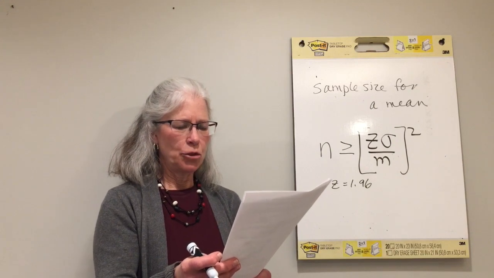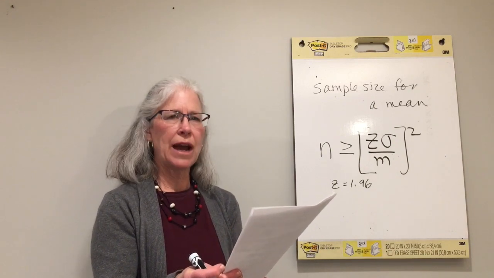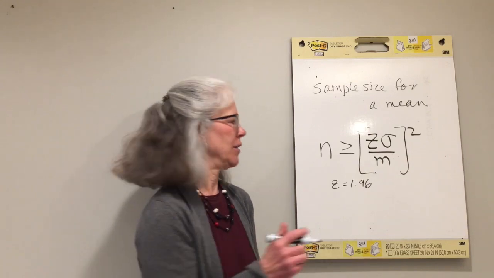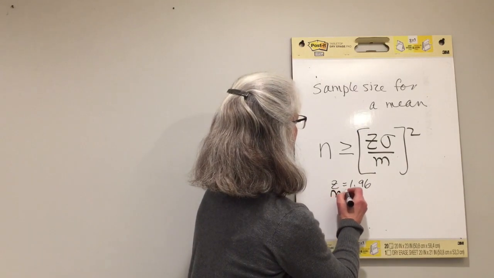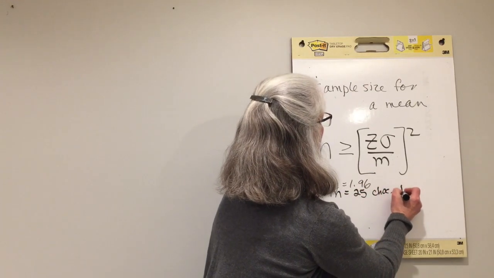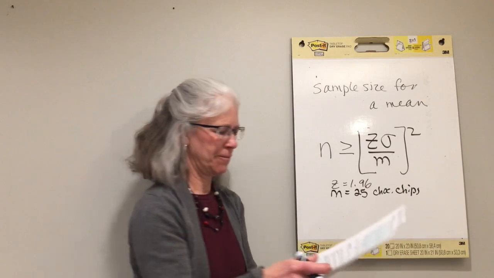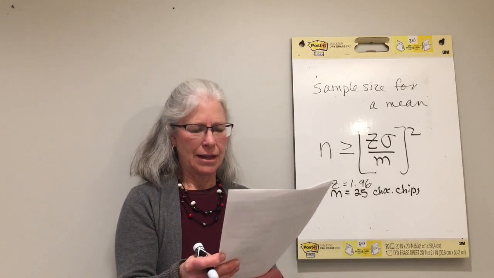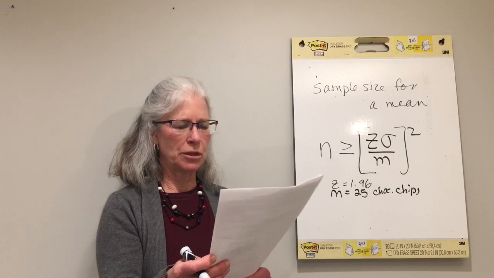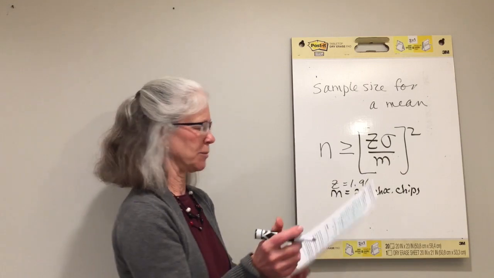That we're within 25 chocolate chips of the true average. We want to be within 25 chocolate chips. That's the amount of error we can live with. That's the furthest we're willing to be off. Let's see. And then the standard deviation of the number of chocolate chips in bags of cookies is about 100 chocolate chips.